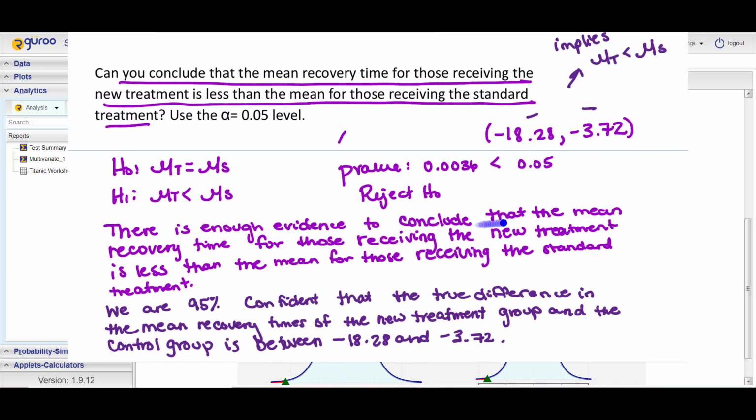There is enough evidence to conclude that the mean recovery time for those receiving the new treatment is less than the mean for those receiving the standard treatment. The two negatives, when you subtract mu t minus mu s, you get negative. So that would be less than 0 because that would imply the first is smaller than the second. So it agrees.